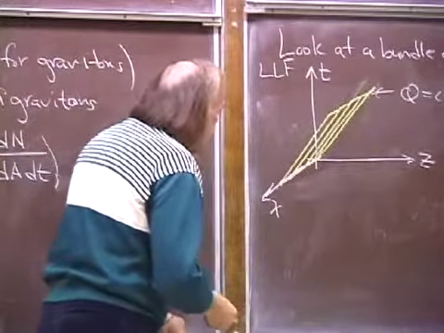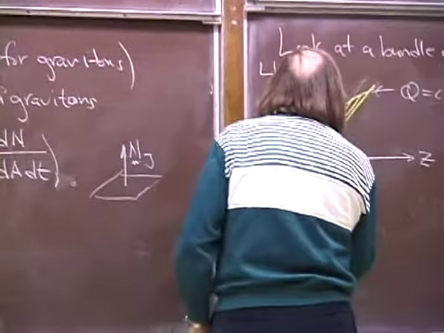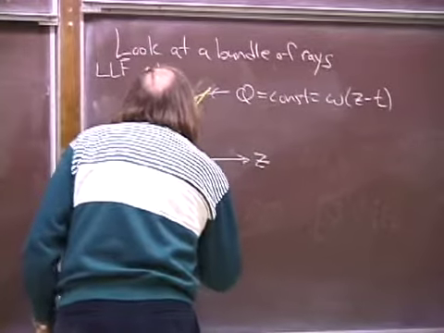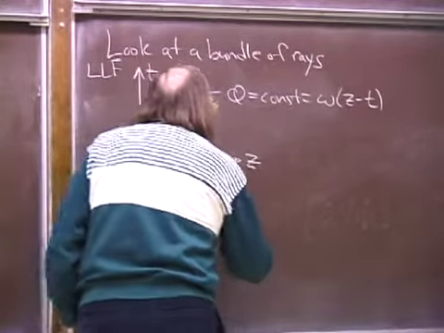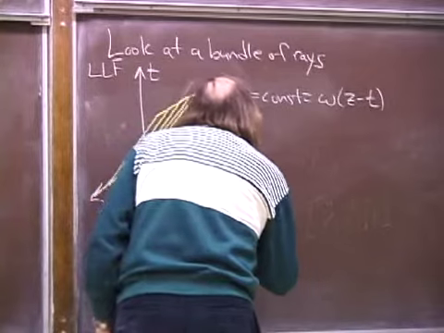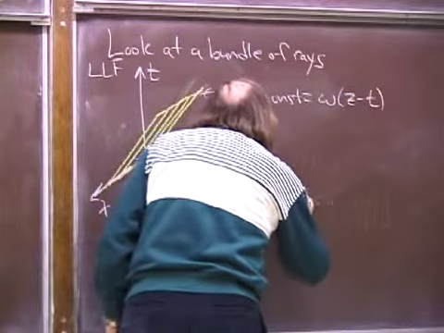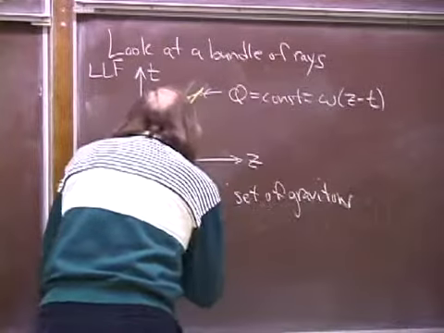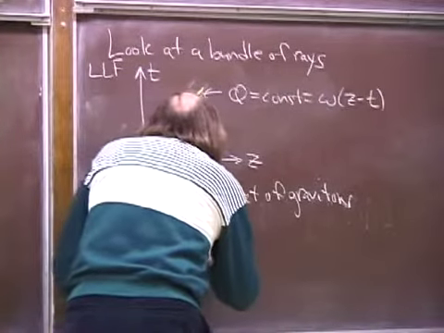And so we can then just ask ourselves, what is the cross-sectional area of this set of gravitons, or equivalently, of the bundle of rays that I've chosen?